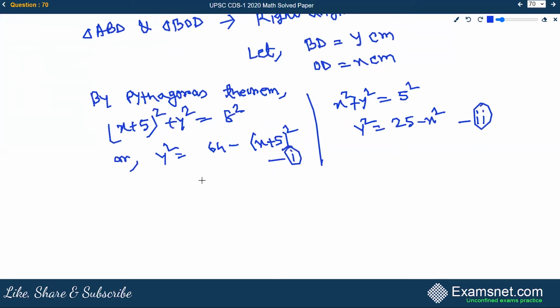So from these two equations, since these two are giving us the value of Y squared, we can equate them. 64 minus (X plus 5) whole square equals 25 minus X square.